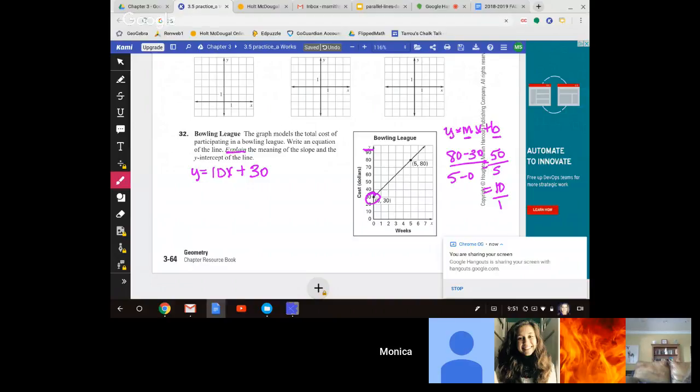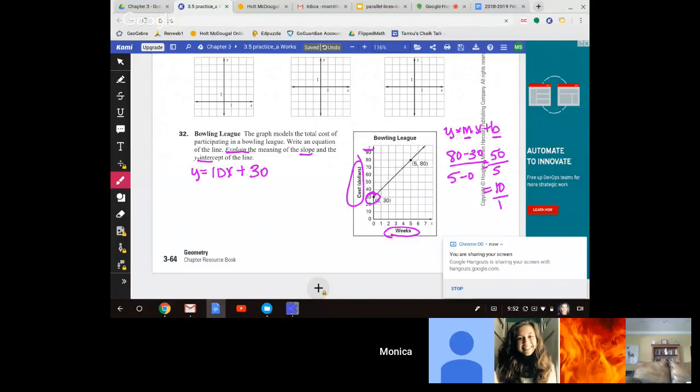Now, to explain the meaning of the slope and the y-intercept, we have to look at what the graph is showing us. It's showing us weeks down here and the cost here for a bowling league. So you're going to start here at 0 weeks, it costs you $30.